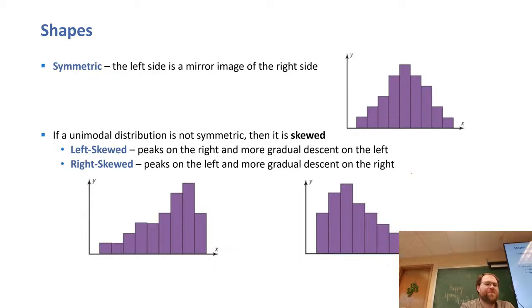Now, the easiest way to remember which one is which, if you focus on the tail of each of these, so in other words, where the values are getting smaller, on the first one, you're heading in what direction with that arrow?